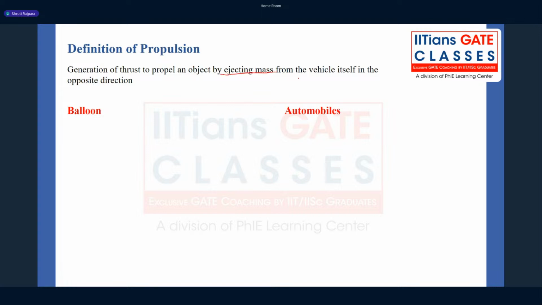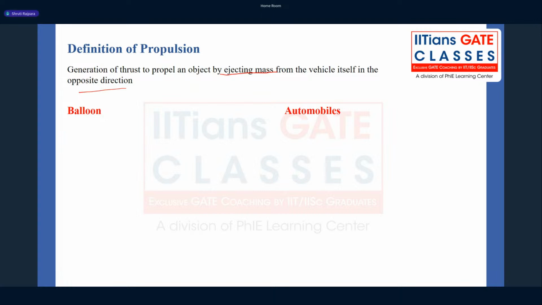The vehicle consists of some mass which is utilized to create motion, and this mass is ejected in the opposite direction, and the propulsion is given. To understand a jet propulsion system, a balloon is a very simple and basic example, just to clear the concept.